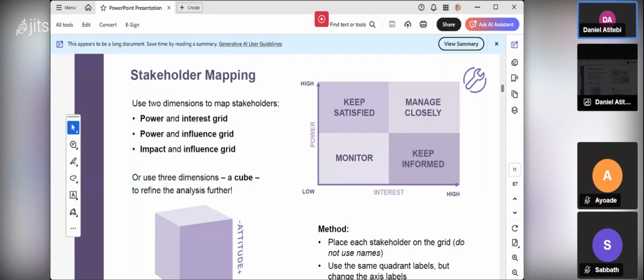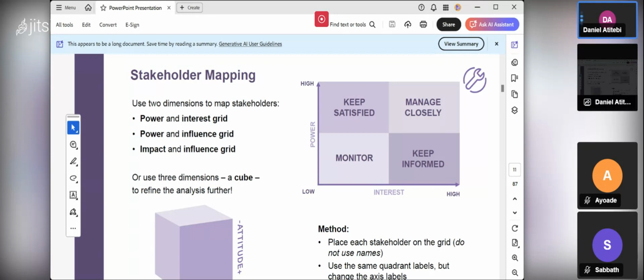So whenever you identify a stakeholder that has high interest but low power, because of the interest he has in your project, you need to inform him, you need to communicate with him. But if he has high power, low interest, because of his power, you keep on satisfying him. But if he has low power, low interest, you monitor him.